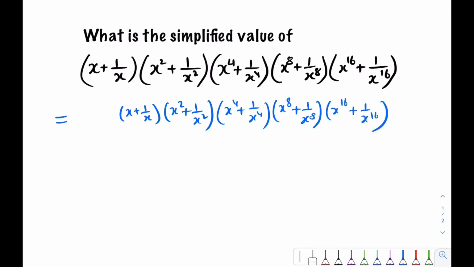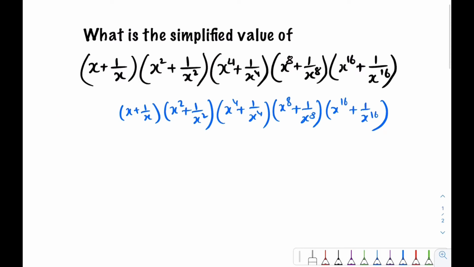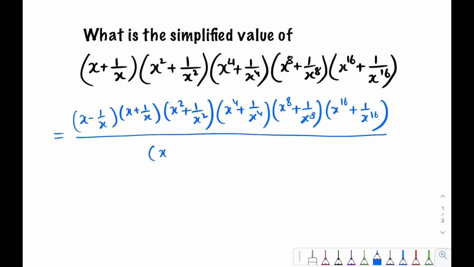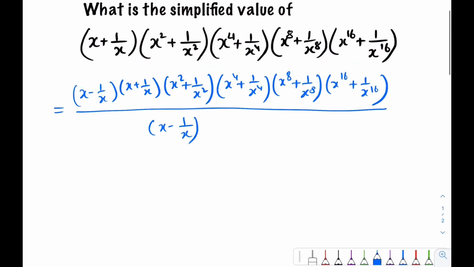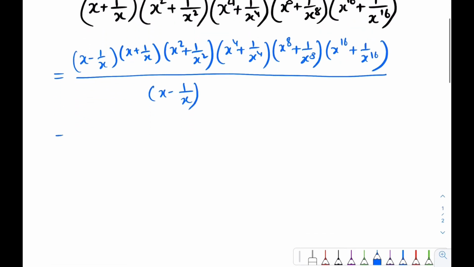So first, multiply and divide by (x − 1/x). So multiply by (x − 1/x) and divide by (x − 1/x). Now this is equal to, first term is (x − 1/x) into (x + 1/x).